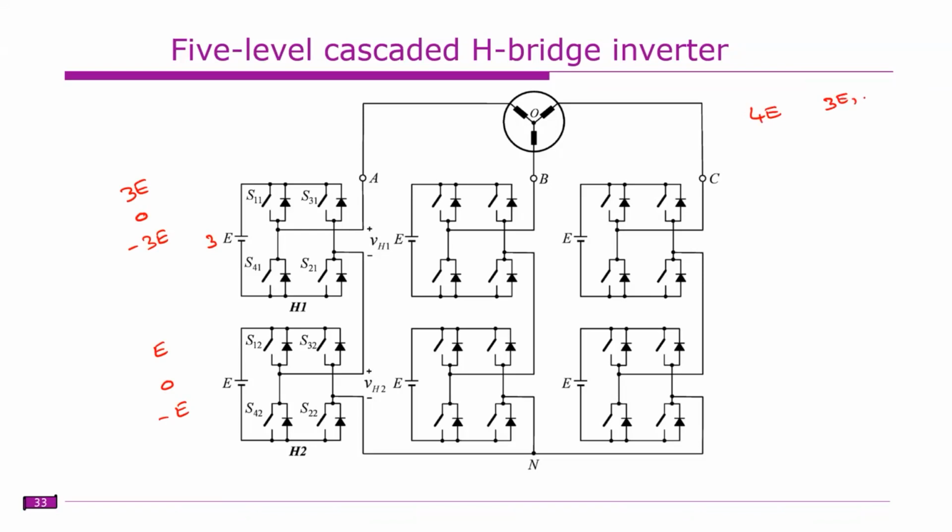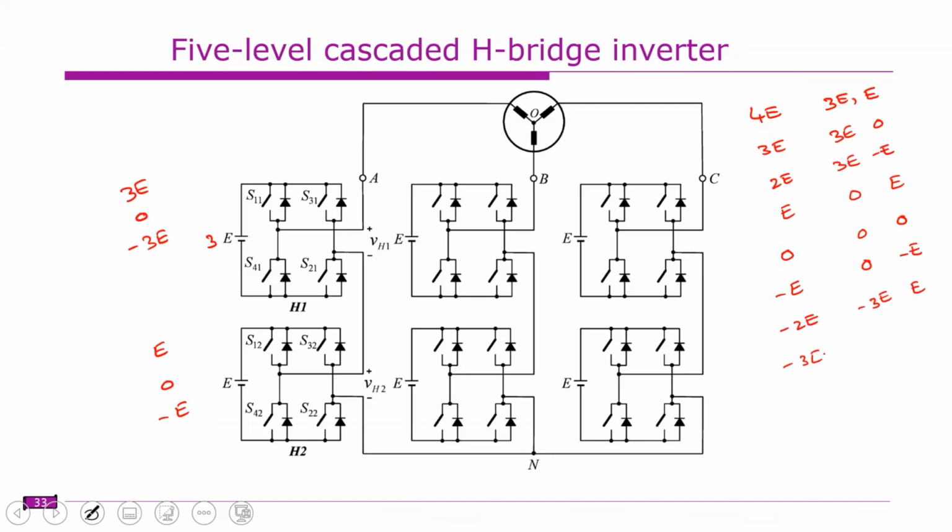One bridge operates with 3E and the other with E. The combinations are 3E and E, 3E and 0, 0 and E, both 0, 0 and minus E, minus 3E and E, minus 3E and 0, minus 3E and minus E, giving levels from 4E down to minus 4E.